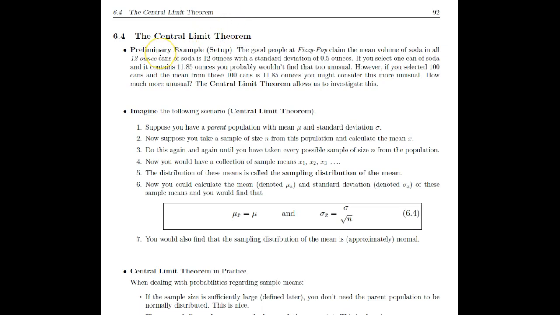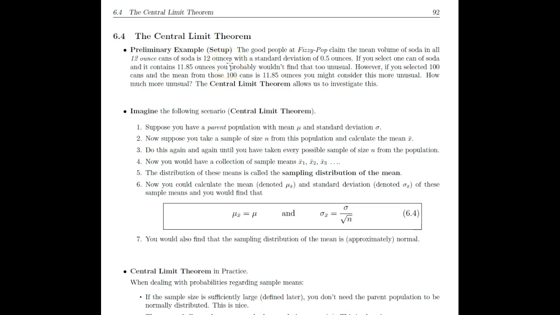So let's do a little preliminary example which will give us an idea of where this is coming from. This is similar to the problem at the end of the group work in section 6.2. So the good people at Fizzy Pop claim the mean volume of soda in all 12-ounce cans of soda is 12 ounces. You'd expect that.